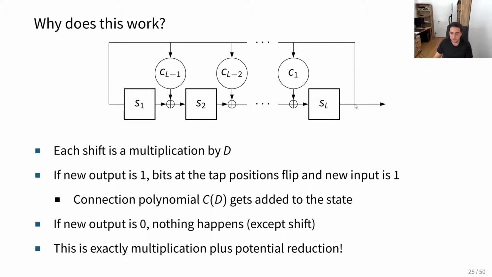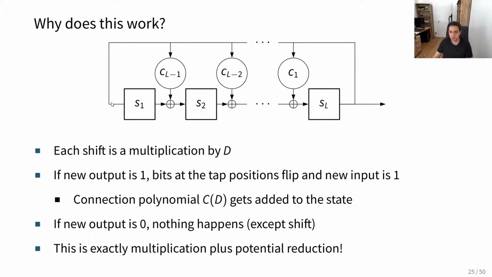And then if this output bit is 1, we can think about what happens. Well, if it is 1, then it goes to each position here where we actually have a coefficient which also equals 1. And essentially all the bits at these tap positions flip, because we add 1 here. And the new input basically goes here unchanged. The new input is also 1.